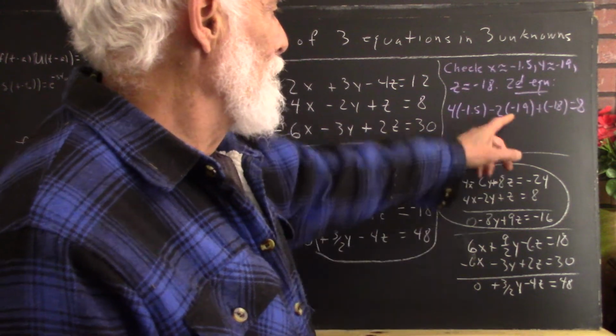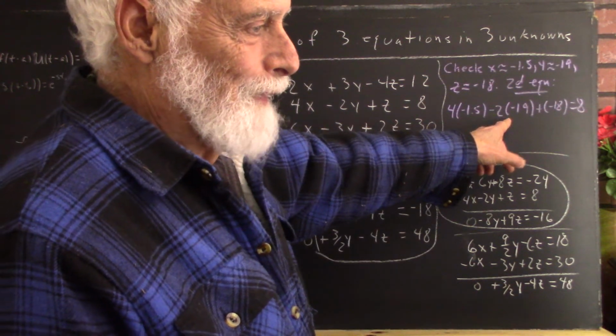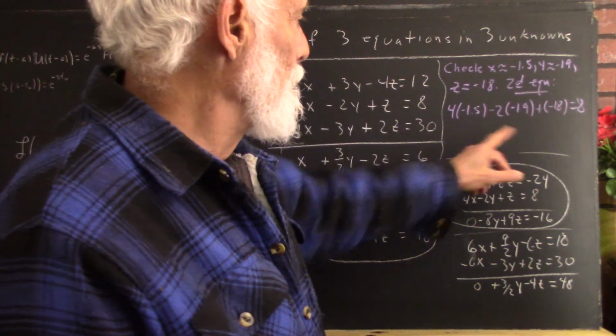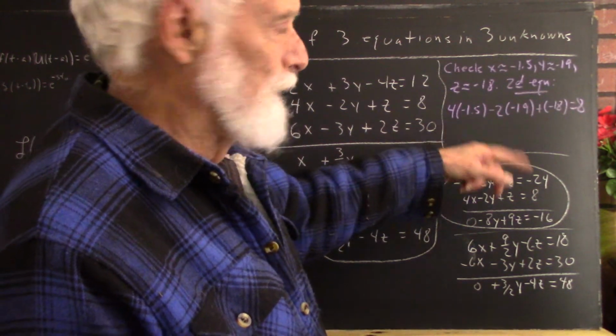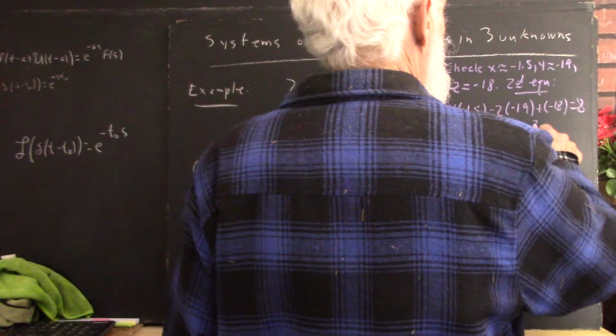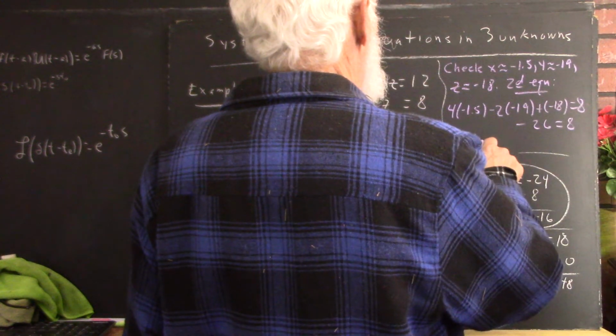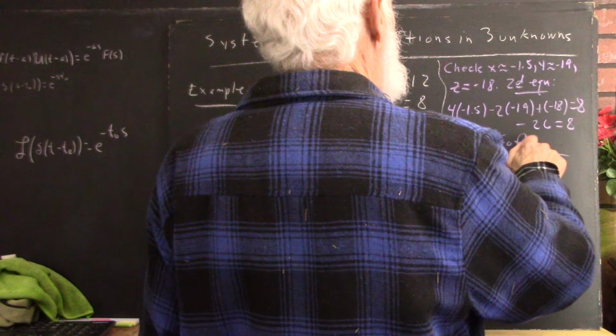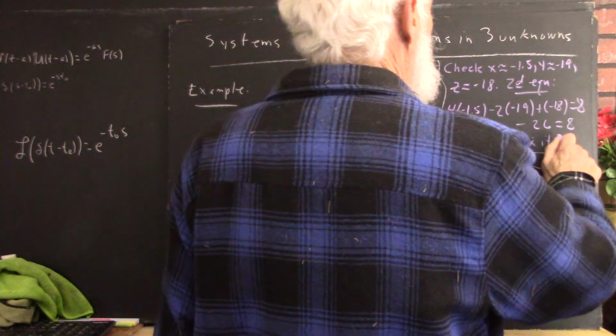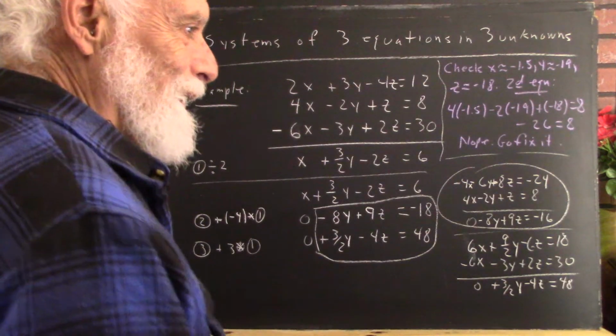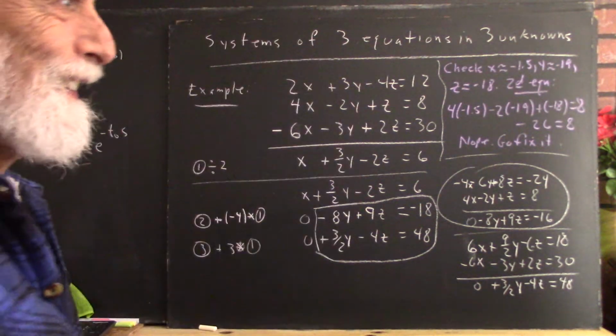Okay, you've already got negative 38 there. Add negative 18, you got negative 20, but that makes it like negative 26. That didn't work. So I say, nope, go fix it. Okay?